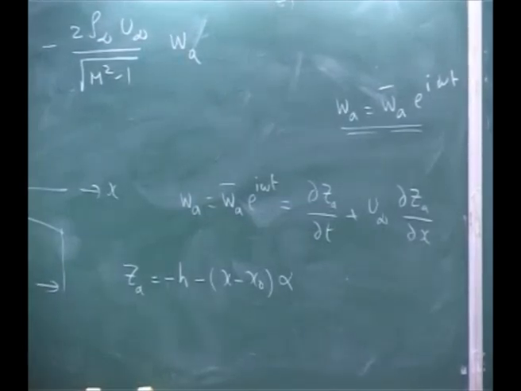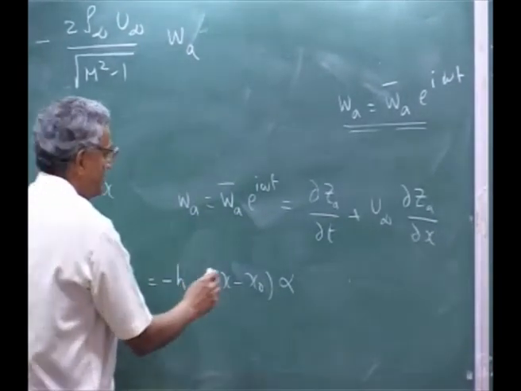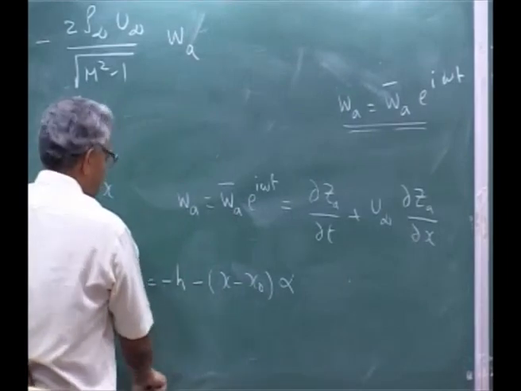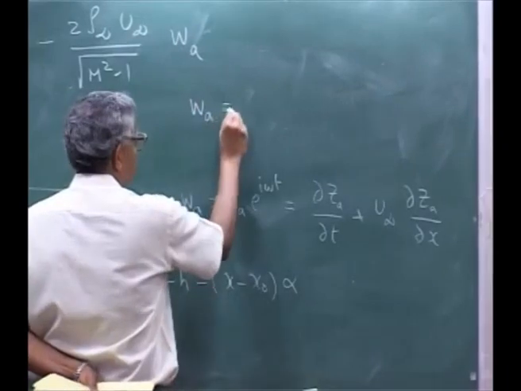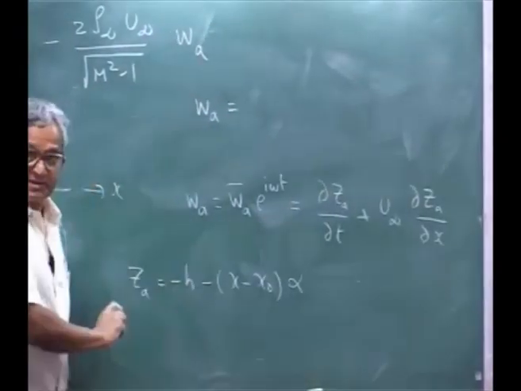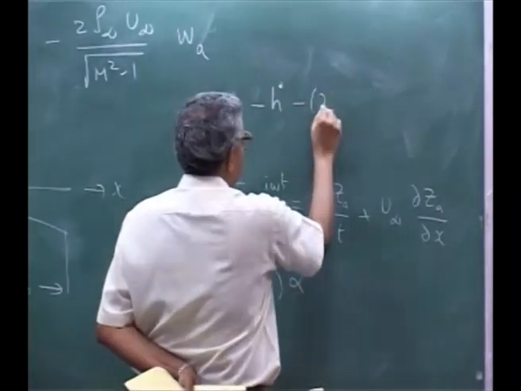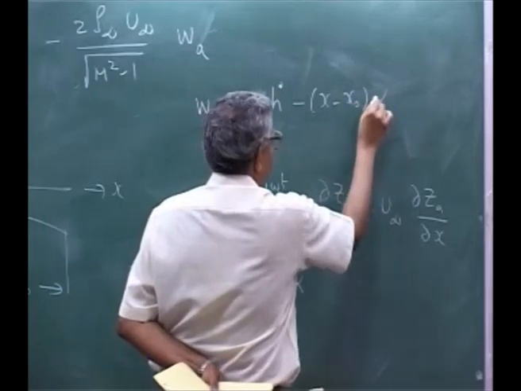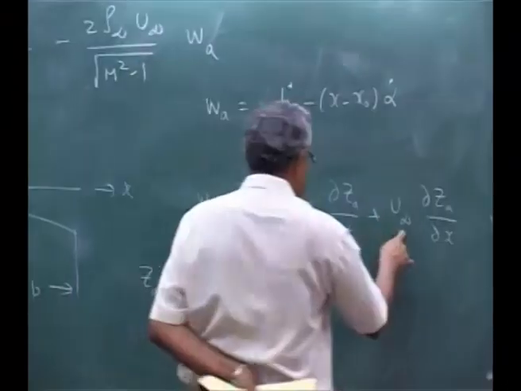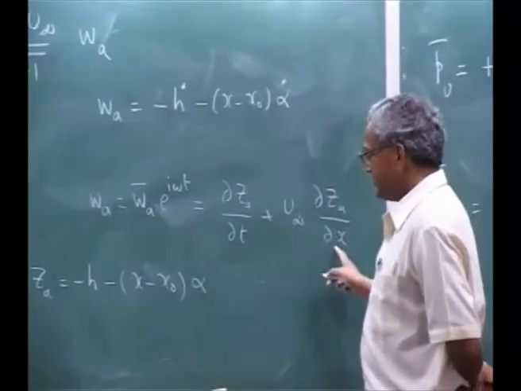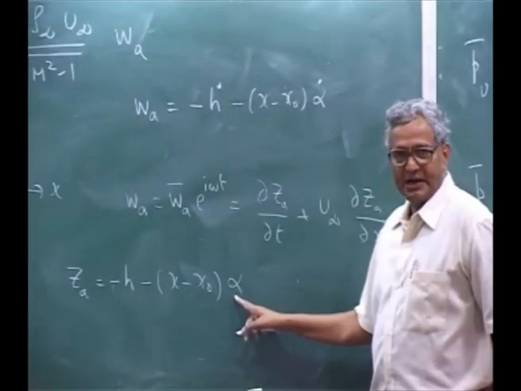If I substitute, WA becomes delta ZA by delta T. This is minus H dot minus X minus X naught alpha dot, and then U infinity delta ZA by delta X. Delta ZA by delta X is nothing but alpha.